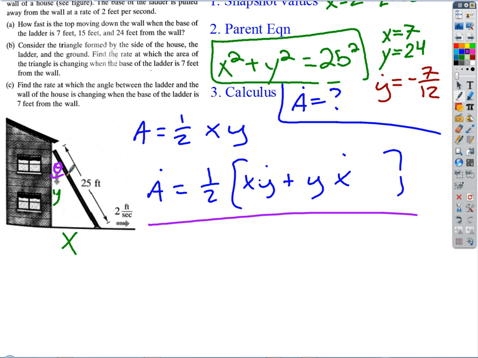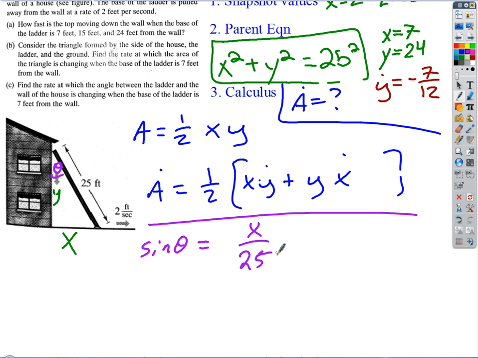It's constant. So we could use sine, for example. Our parent equation is sine theta equals x over 25. And the derivative of sine is pretty simple.